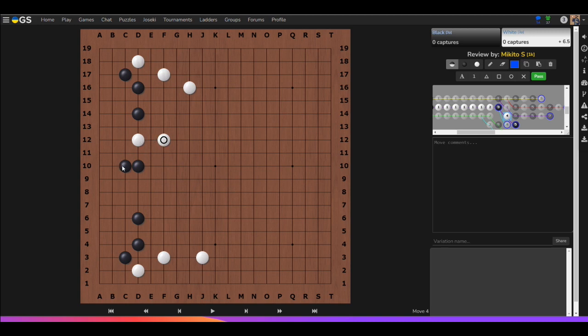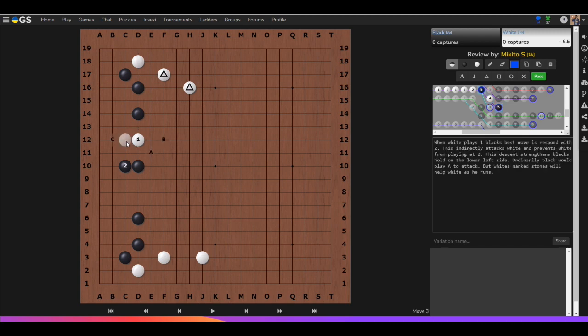So if we play down and white jumps, we can just connect under and it's very nice and easy, right? The hard part is when white really wants to keep these stones split. And so if white jumps down to 1, he can keep black separated. So it is true that black will just stay separated.